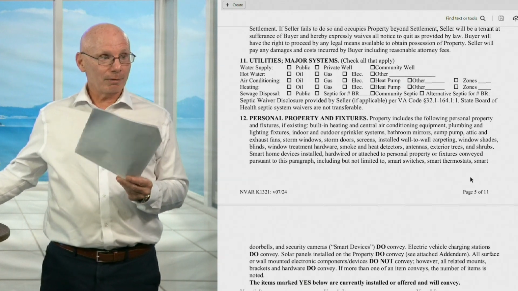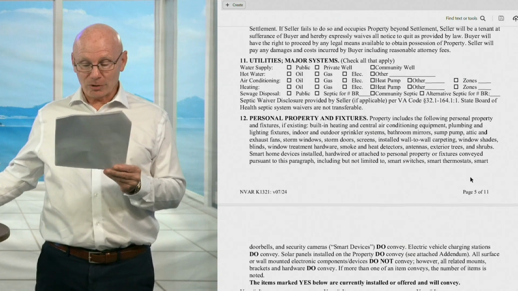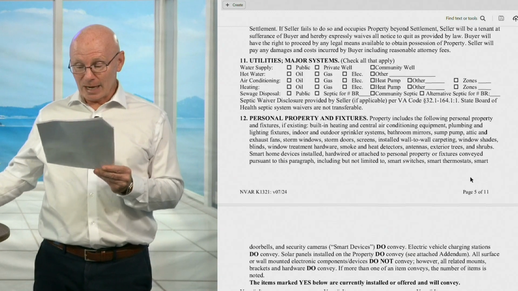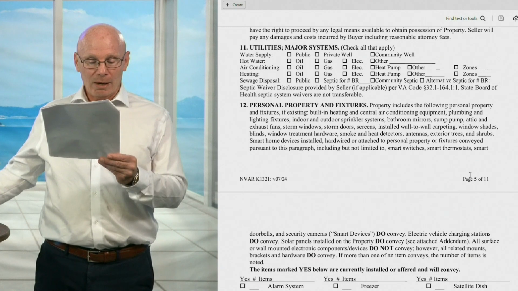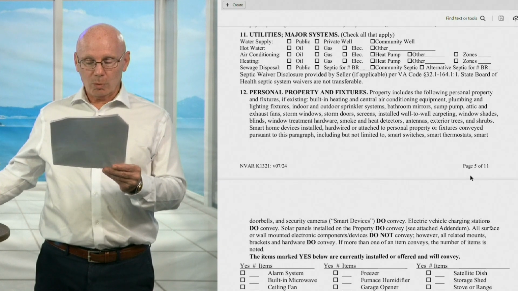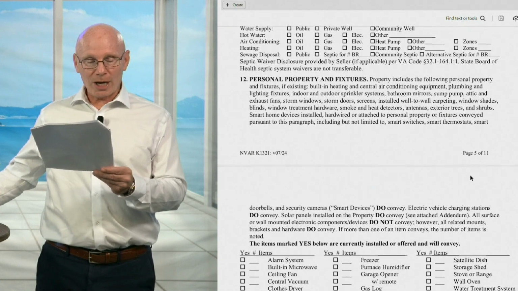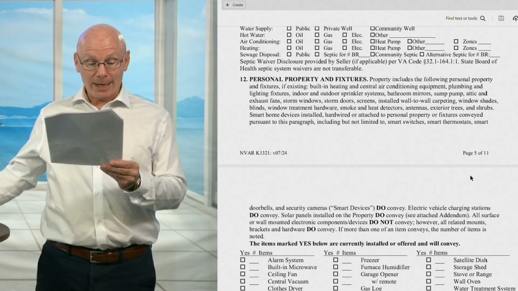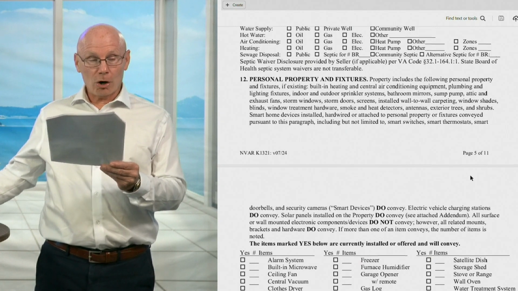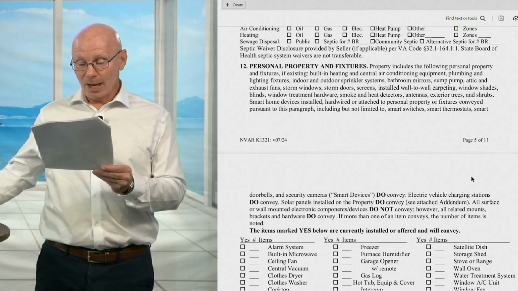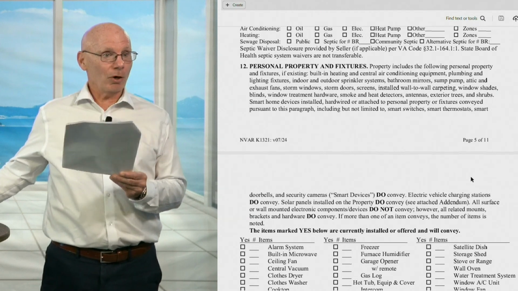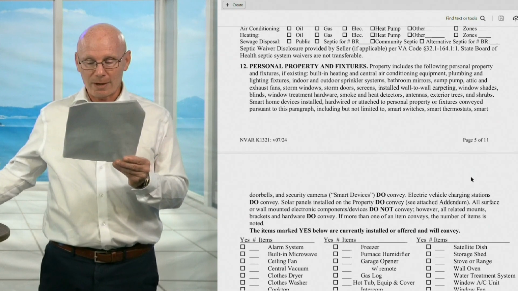It says that they're not going to take the mirrors, which has happened. Sump pumps, attic exhaust fans, storm windows, doors, wall-to-wall carpeting, window shades, blinds, window treatment hardware, smoke and heat detectors, antennas, exterior trees, right? You don't want your clients digging up their trees, right?